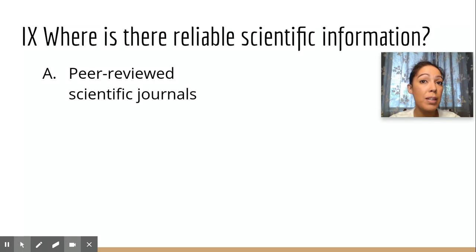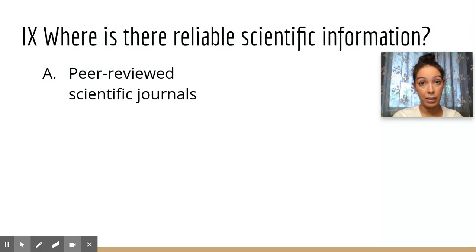Some of the most reliable information is from peer-reviewed scientific journals. If you're ever looking for information on how valid a test is or how true something is, the first place you want to go is a peer-reviewed scientific journal. That means that a scientist did a bunch of tests, repeated them, had other people do them, so they were replicable.